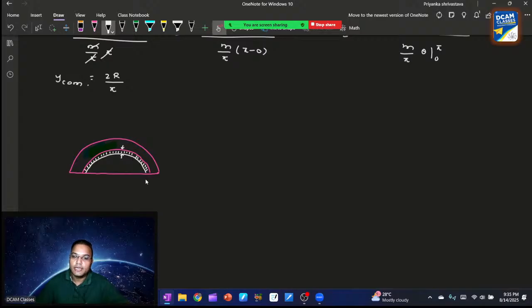Just assume the thickness is dr and the radius is small r. We know the center of mass of this lies at 2r by pi, for this ring of thickness dr.